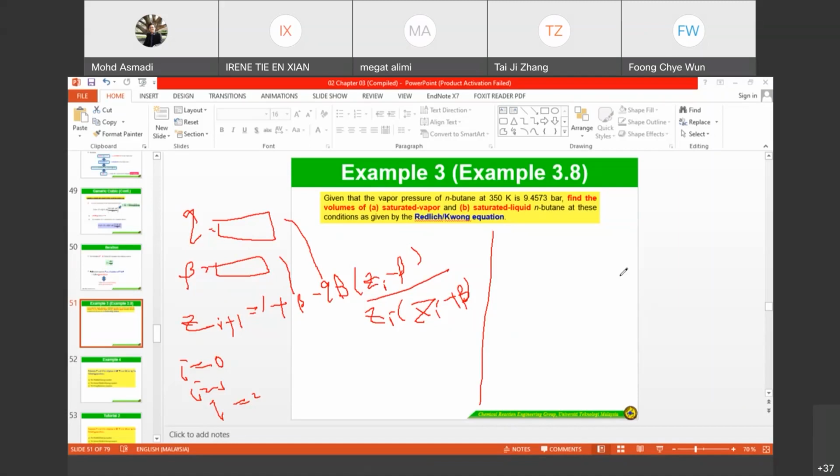Since it's a similar step, the difference is only the equation that you use for the saturated liquid, which you have to replace with the liquid one, rather than the vapor. If you use the vapor, your answer is not going to be accurate. Do you understand?